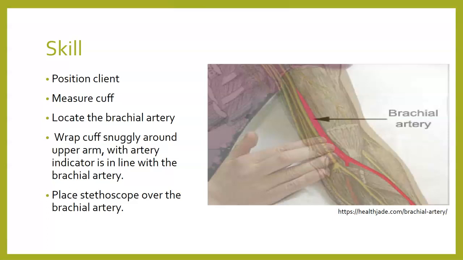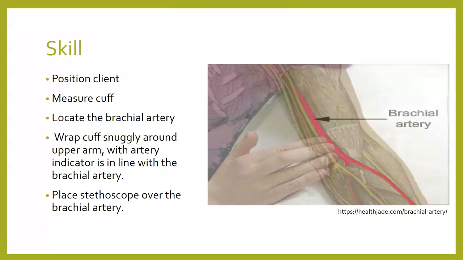Okay, and then next we're going to position the client. So if the patient is in bed, help them to just kind of sit up with their back supported. Their feet should be flat on the floor. If their legs are crossed, you're going to ask them to uncross them because this can cause the blood pressure to read falsely high.